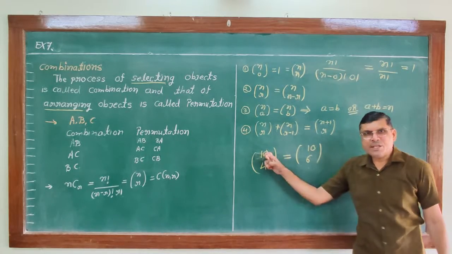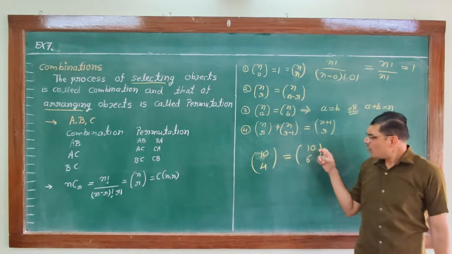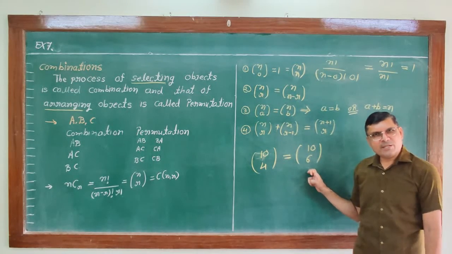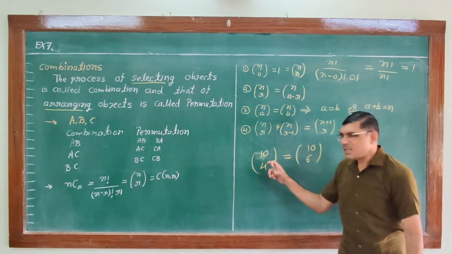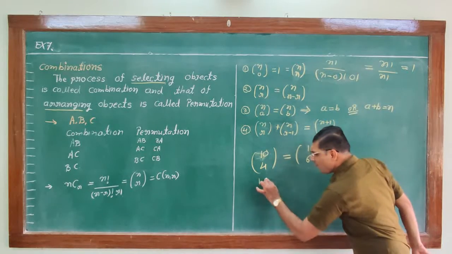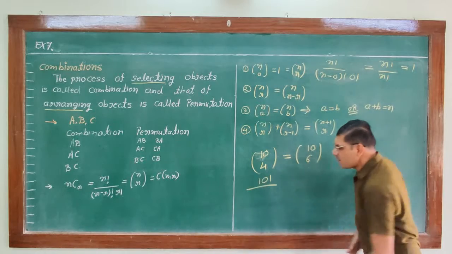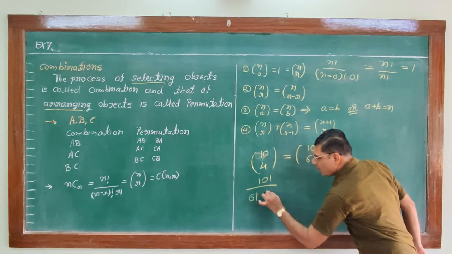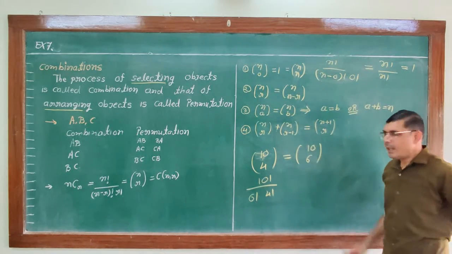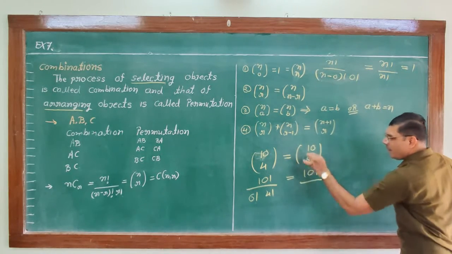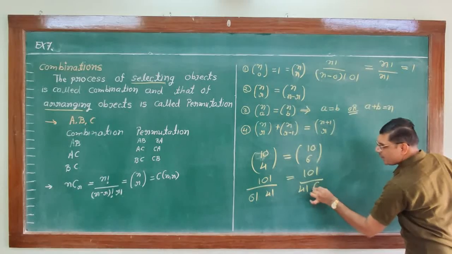If you calculate 10C4 or you calculate 10C6, answer will never change. It will remain same. And why is it happening? See, 10C4 is 10 factorial upon 10 minus 4, 6 factorial into 4 factorial. And here, 10 factorial upon 10 minus 6, 4 factorial, into 6 factorial.